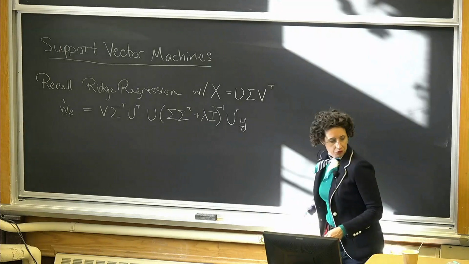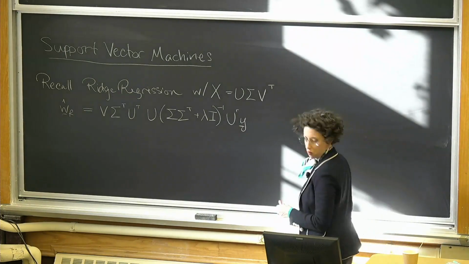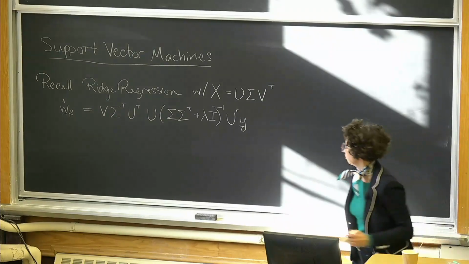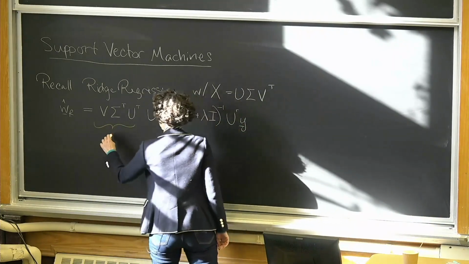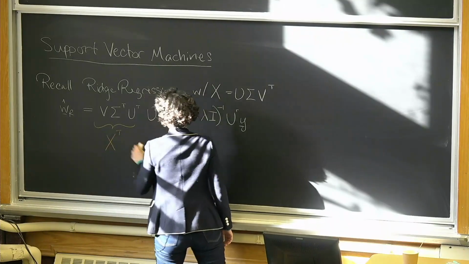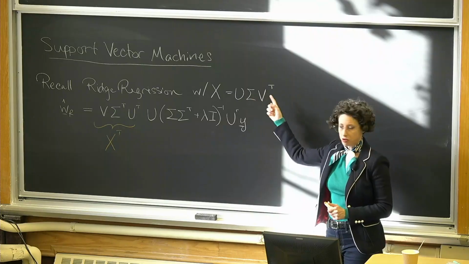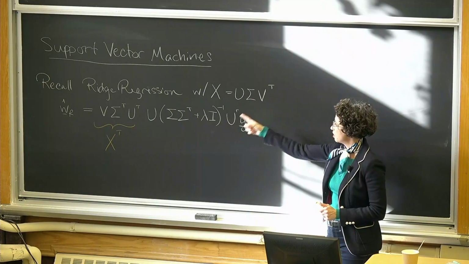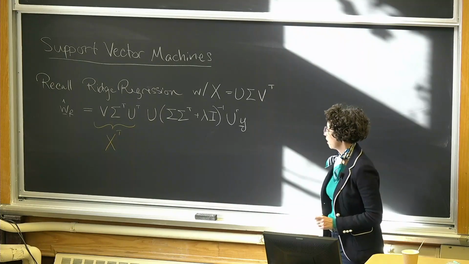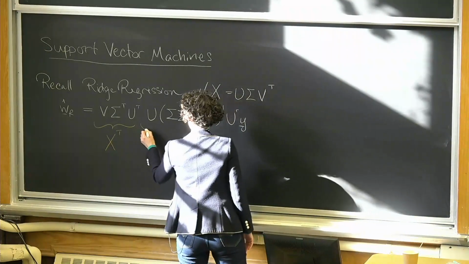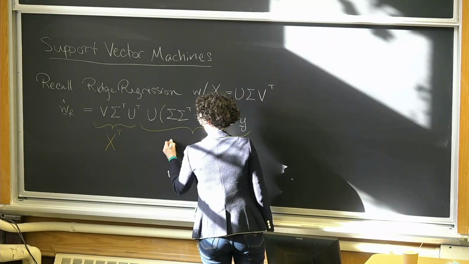And we can factorize this into two components, where the first component, right here, this is simply X transpose, right? If we look at the singular value decomposition of X and we take the transpose of both sides of this equation, then we get U sigma transpose U transpose. And then everything else here, we just call alpha.